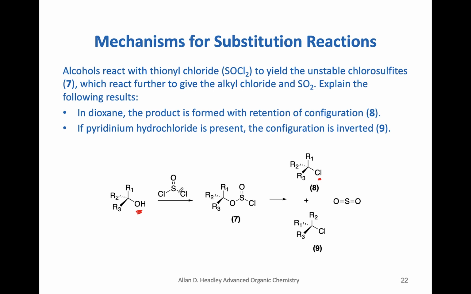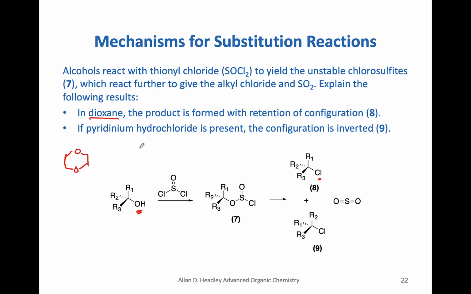If this reaction is performed in dioxane, which is a fairly non-polar aprotic solvent, let's draw it so you can see it. As dioxane here, notice there is no hydrogen that's bonded to electronegative oxygen. They're all bonded here to carbons.